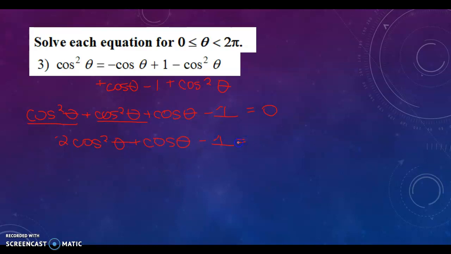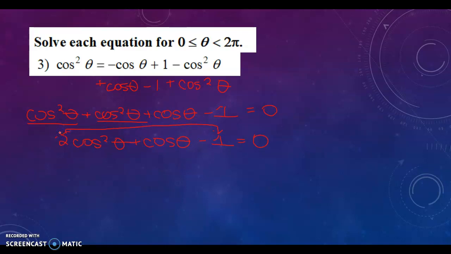I can combine my two cosine squareds, so I end up with 2 cosine squared theta plus cosine theta minus 1 equals 0. Right, so because we know we can't combine my cosine squared with the cosine, I'm going to go ahead and factor this. Think of that cosine squared theta and cosine theta, just think of it as x's, and we're going to follow the same factoring techniques we would always use. Since there's a 2 in front of my cosine squared, I'm going to do my AC method. I'm going to multiply a times c.